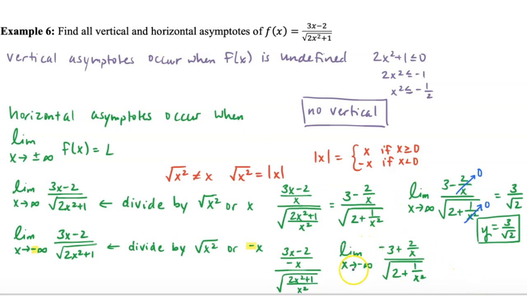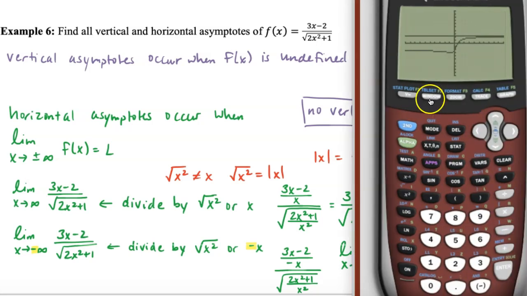All right, so now, as x is approaching negative infinity, all these terms with a constant in the numerator and some form of x in the denominator are going to go to 0 as x gets larger and larger in the negative direction. And so I am just left with negative 3 over the square root of 2, giving me my second horizontal asymptote of y equals negative 3 over root 2.